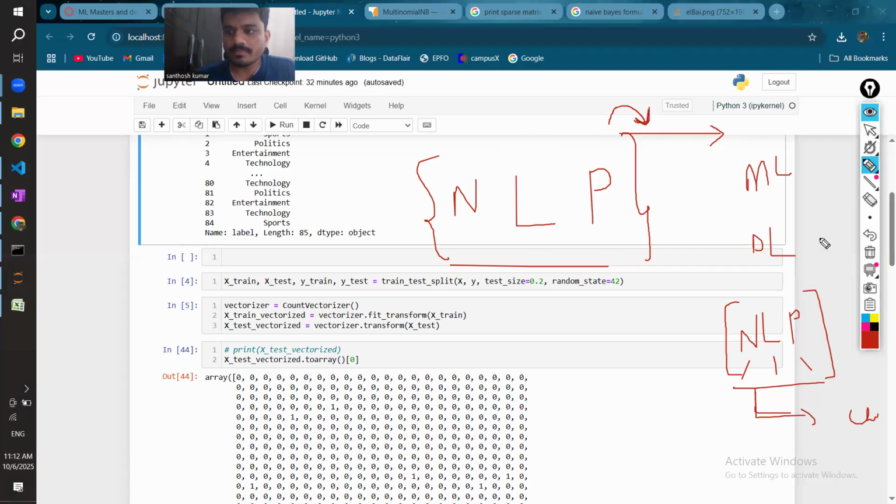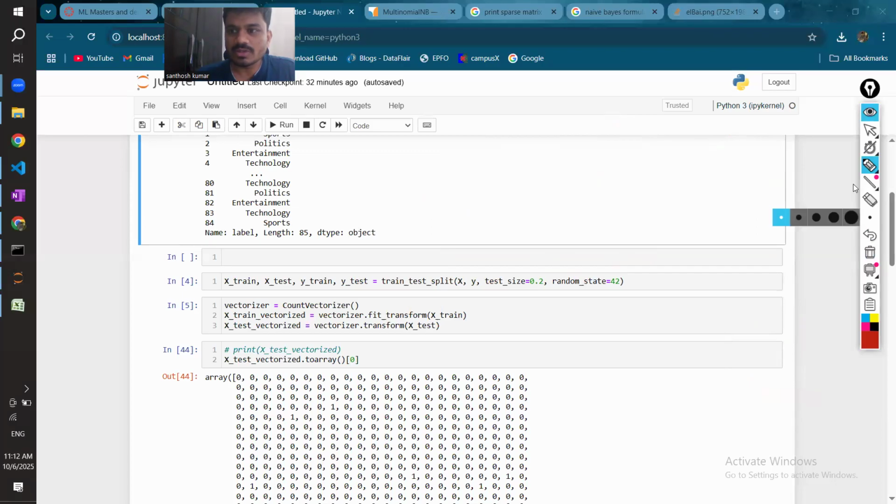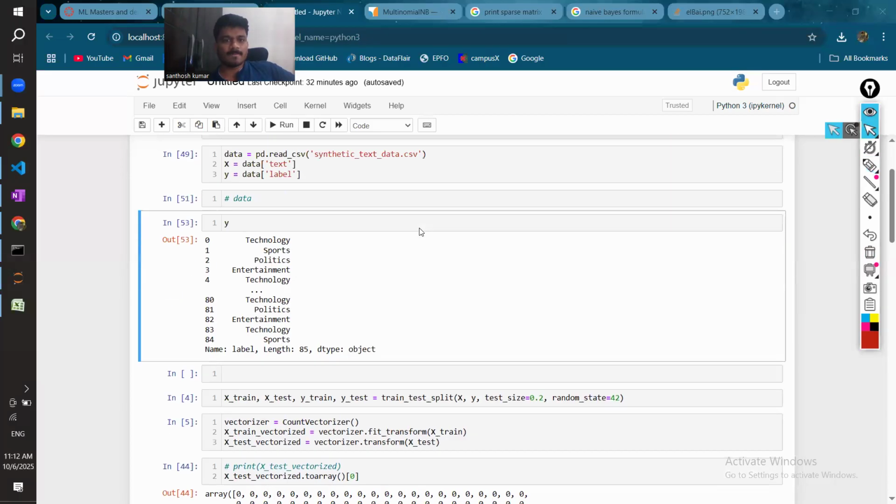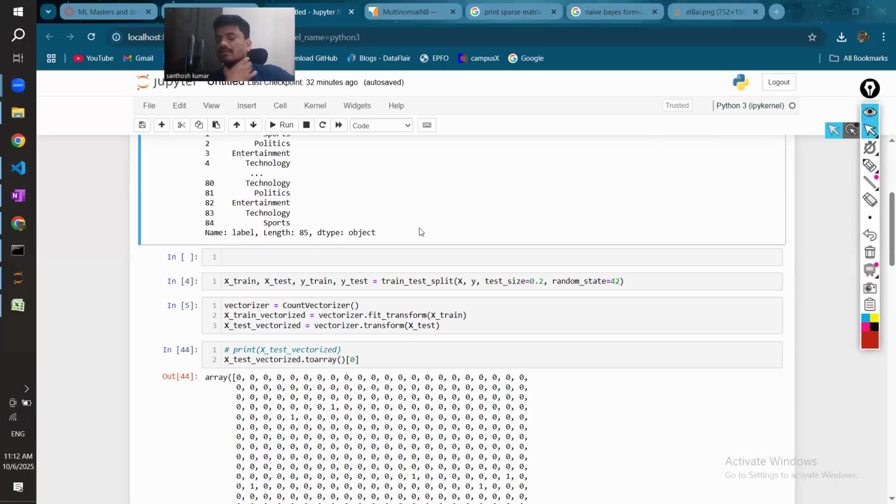We have different ways to convert into features. The basic thing is called encoding. That means we are coding all the given words into some numbers. We have different types of encodings, Karthik. A very basic one is called bag of words.